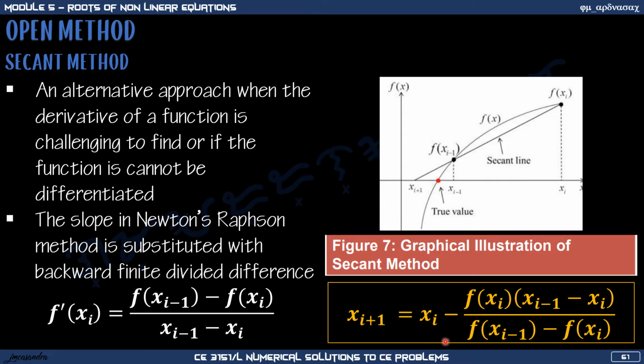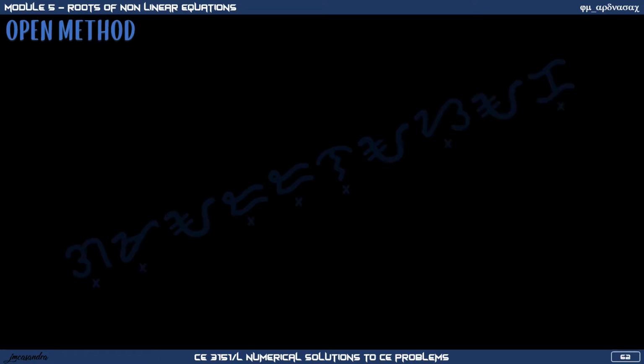We still have x sub i, f of x sub i divided by f prime of x sub i, and we simplify it. It's almost the same as Newton-Raphson, with a difference only in the equation for f prime of x sub i. This will be your working equation in solving for the value of x for each iteration.